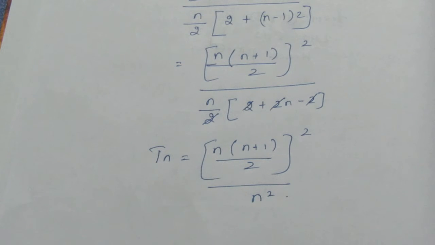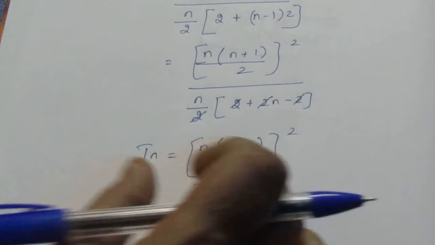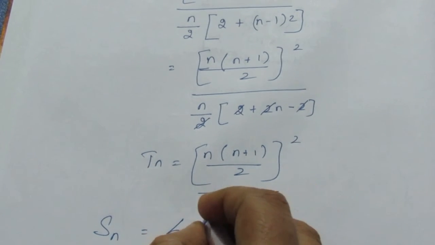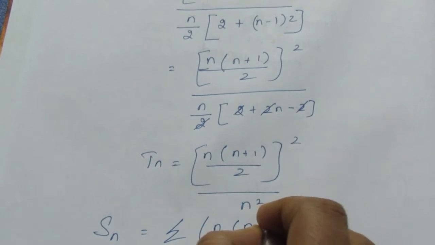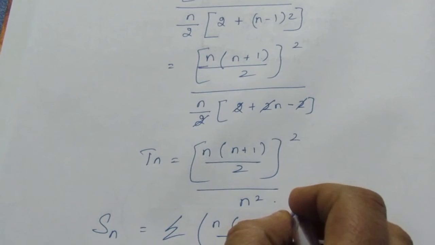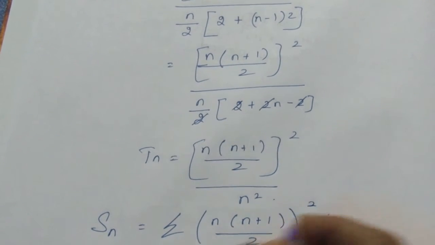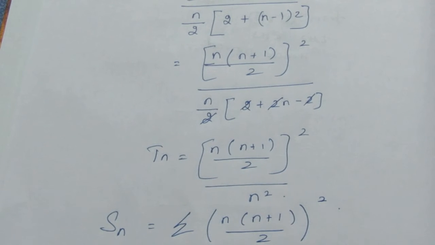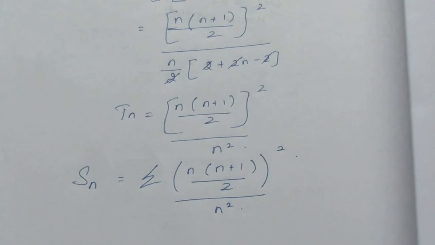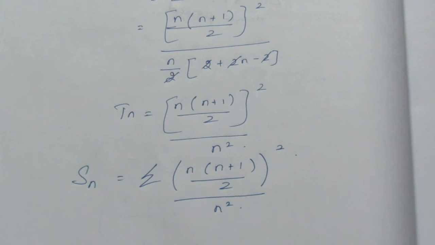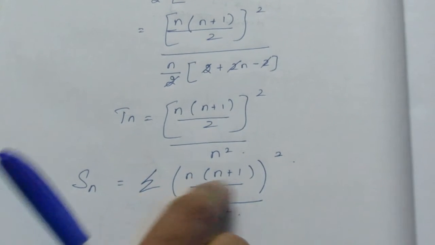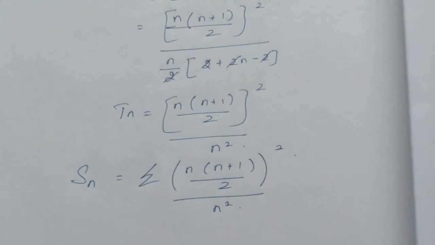To find the sum of the series, we need to find the summation of n into n plus 1 by 2, the whole square, by n square. Now before solving, let us solve the content inside the summation.